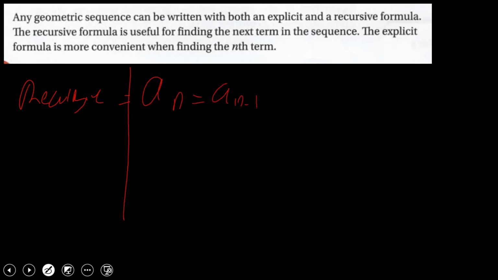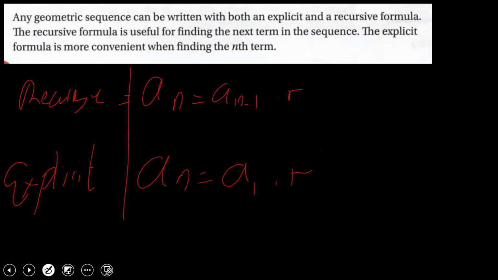The recursive means a sub n is a sub n minus 1 times r, and the explicit means a sub n is a sub 1 times r to the power n minus 1. Look at the first one. It is useful for finding the next term, but the explicit formula is more convenient for finding the nth term.